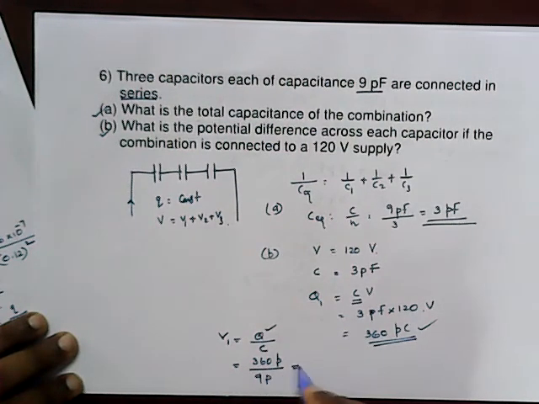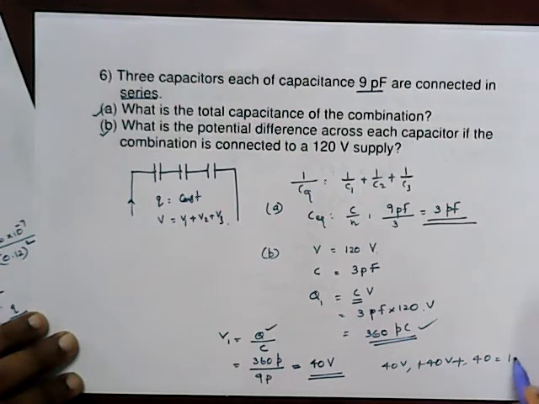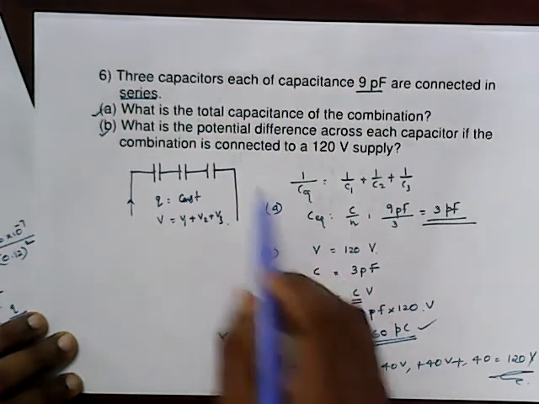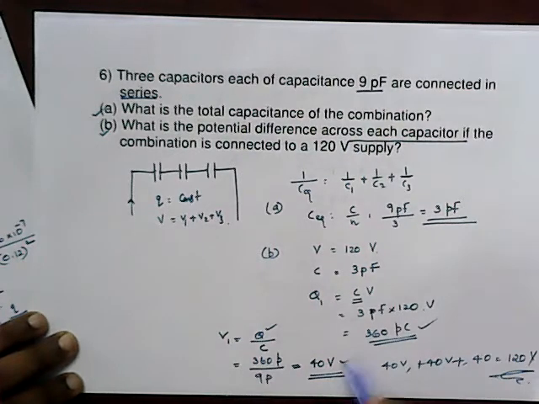So 360 by 9, you get the value as 40 volt. All 3 capacitors get an equal value, and hence the total 120 is equally distributed as 40 volt, 40 volt, 40 volt. Together you get 120 volt. So the potential difference across each capacitor is 40 volt.